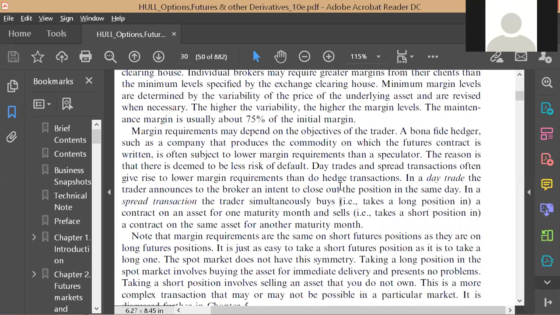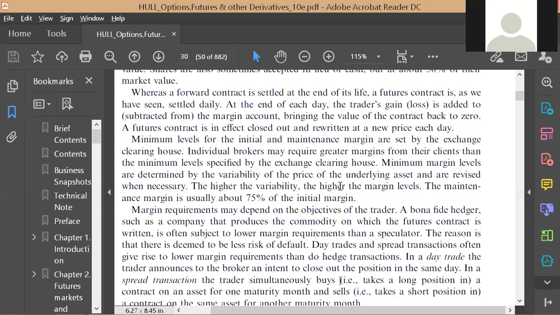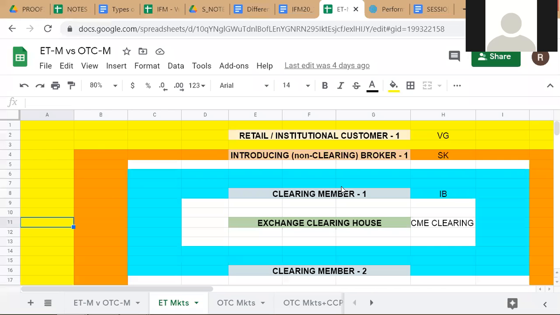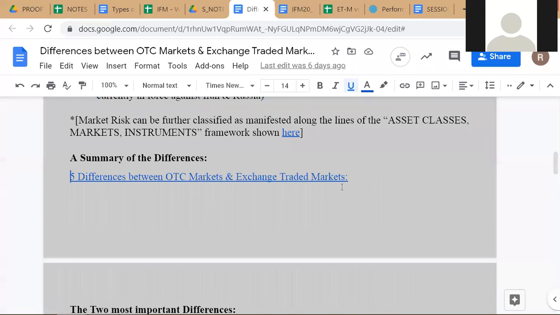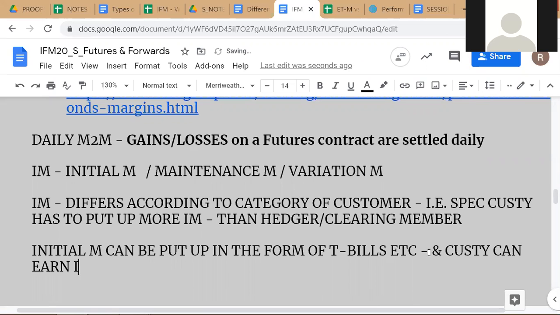What you have to understand is that this has to be negotiated with the broker.